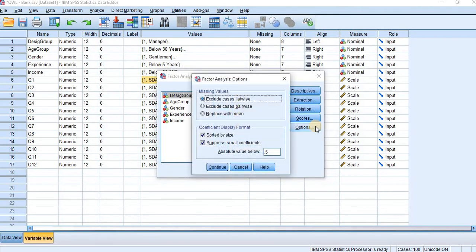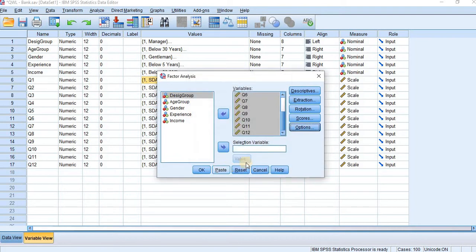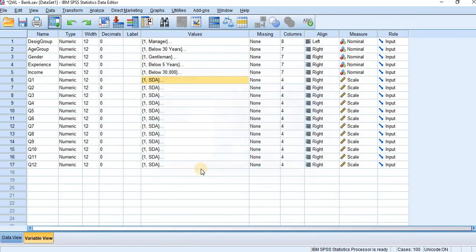Now move to options. In that we have to check sorted by size and suppress small coefficients. Usually we use 0.3, but for this factor analysis I am using 0.5. Let us run this.